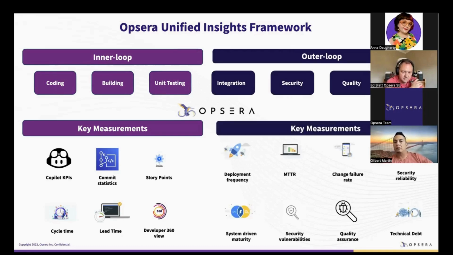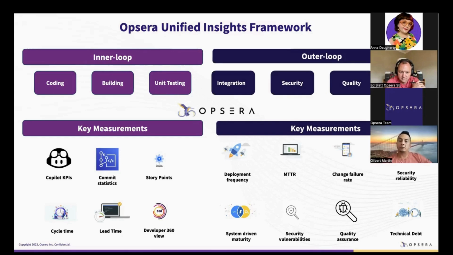Now let's look at the outer loop, which is what this session is about: DORA metrics. What we see in the industry, in organizations that are very DevOps-transformative and very effective, is that they take the context of moving from batch releases to a continuous delivery model.